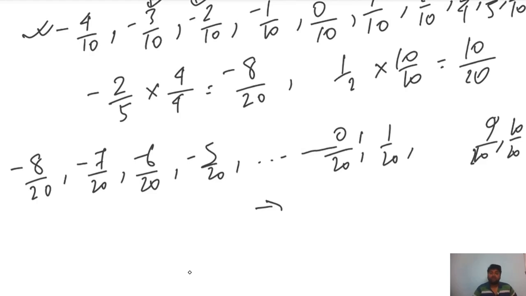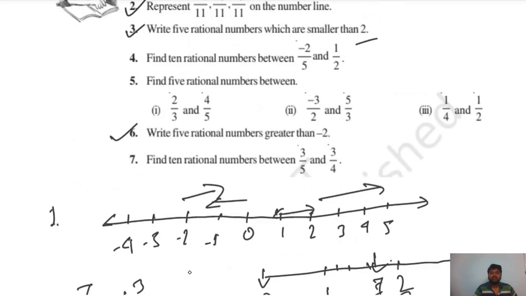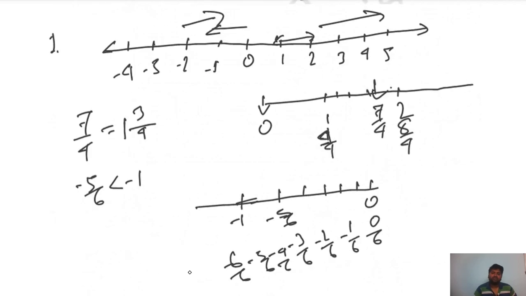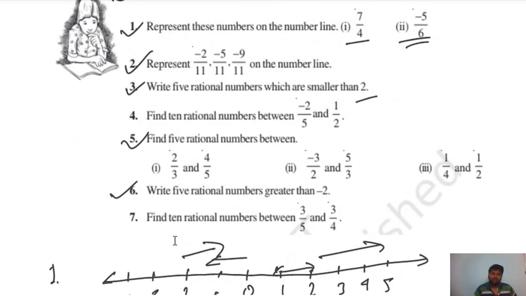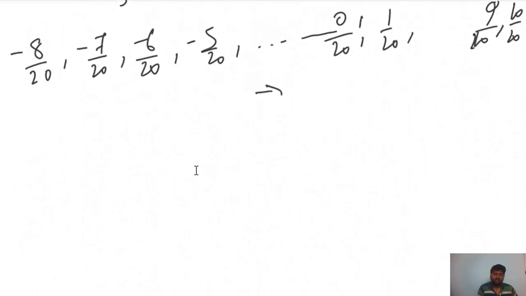We get the most numbers between these this way, and we can also find 5 rational numbers in between. Another way is called the midpoint method. Take the numbers 2 by 3 and 4 by 5.